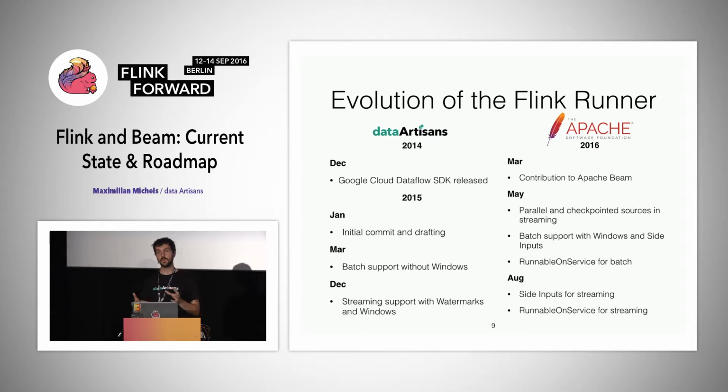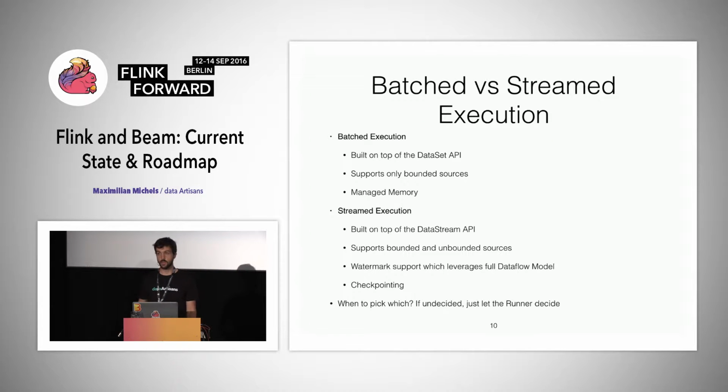These RunnableOnService tests are basically a series of integration tests that make sure that the runner is actually executing the Beam program correctly, and there are various checks to ensure that the results are correct. And then in August we also had a version for side inputs in streaming, and also the testing integration.